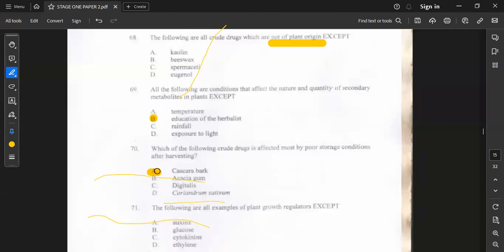So its effectiveness will be affected. I think, I'm not sure. I've seen some Asians put this cascara bark in the sun. I'm not sure, but I've seen.